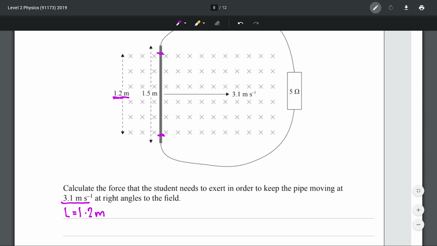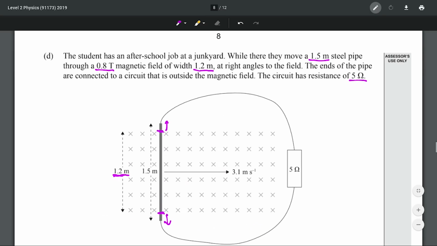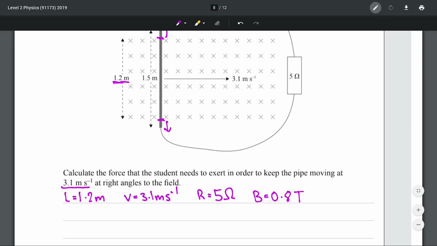The fact that the pipe extends beyond the magnetic field is really of no consequence. It's not in a magnetic field, so it's not contributing to the effect. So don't fall into the trap of using the 1.5.